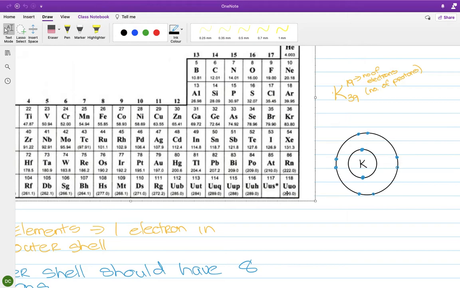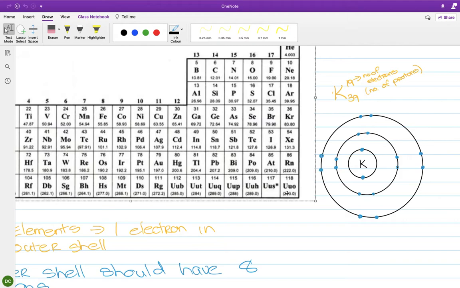We're trying to get to 19, so we can go again. I'm up to 10, so this is 11 and 12, 13 and 14, 15, 16, 17, 18.